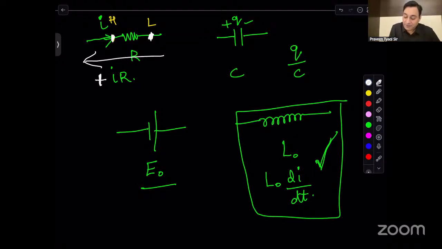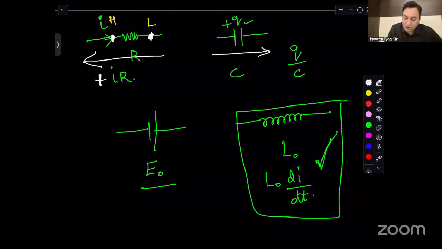Same way for the capacitor, if you are going in this direction while writing the equation, you are going from a positive plate to a negative plate. So you are going from higher potential to lower potential.